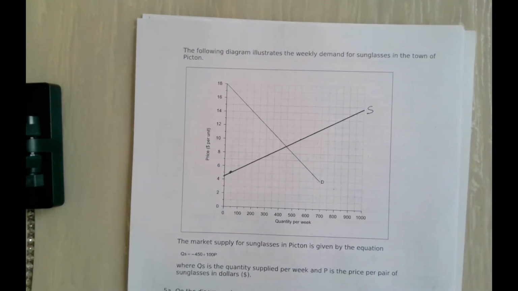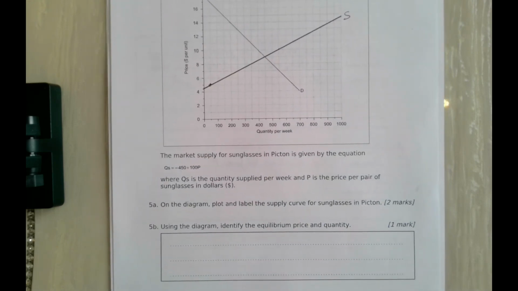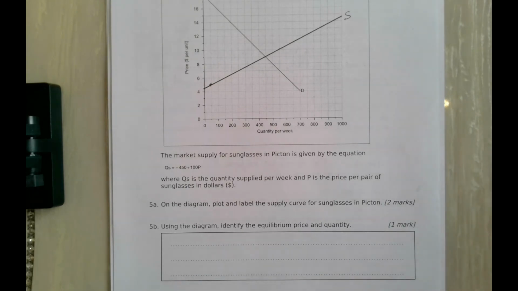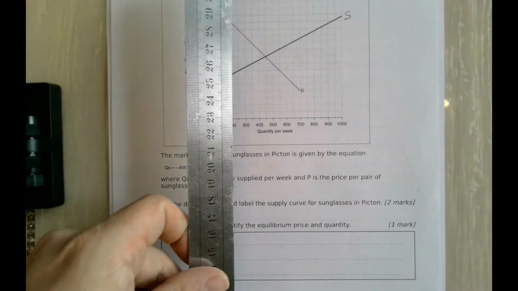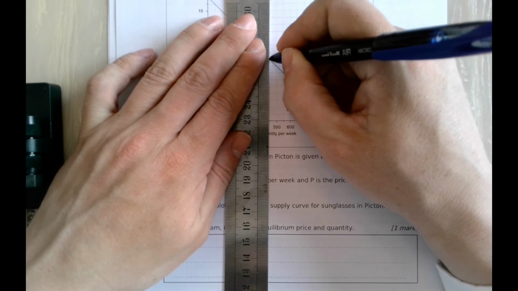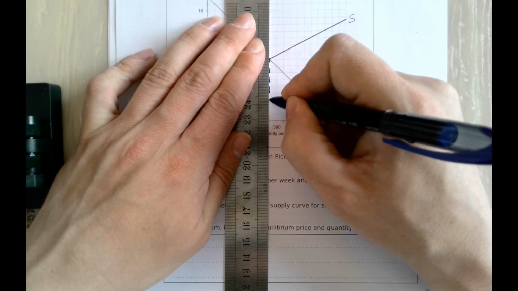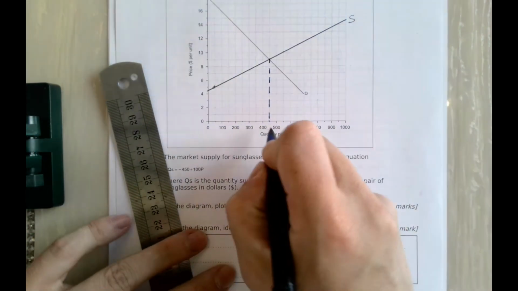Using the diagram, identify the equilibrium price and quantity. Well, what I'm going to do here is go down from the point where they join, and that looks like 450 to me.